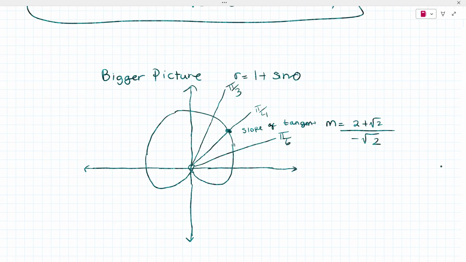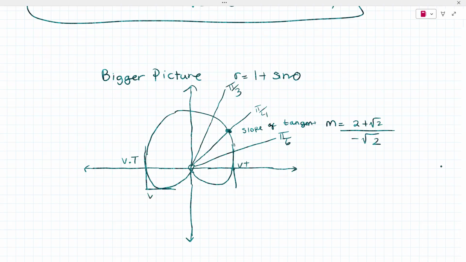And if you recall, a vertical tangent is a vertical line like this. So you have a vertical tangent here, and you also have a vertical tangent right here. And then for horizontal tangents, one would be right here.